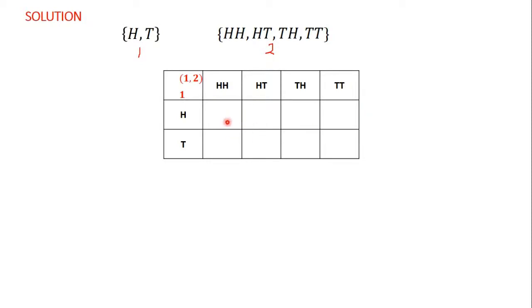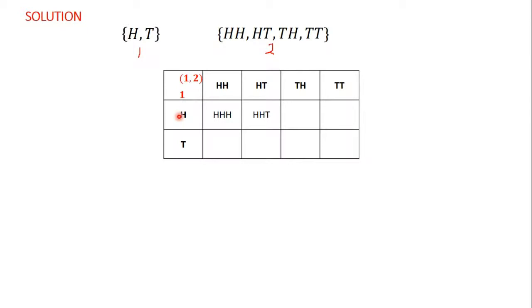How do we combine it? In this cell here, we can see that we have head here, we have head here. So if you are combining them, it means that you are going to have head, head, head. When you come here, we have a head here, we have a head and a tail here. So when you are combining them, you are going to have head, head, tail.